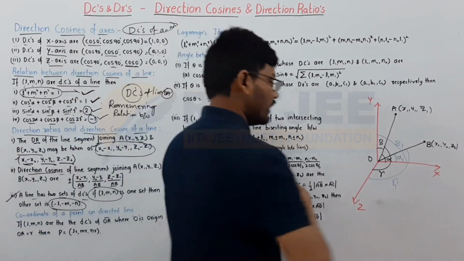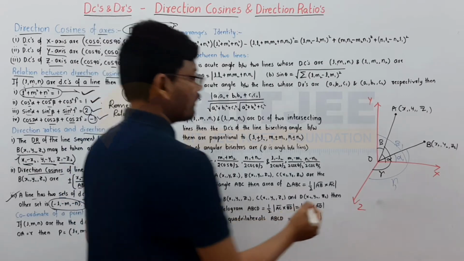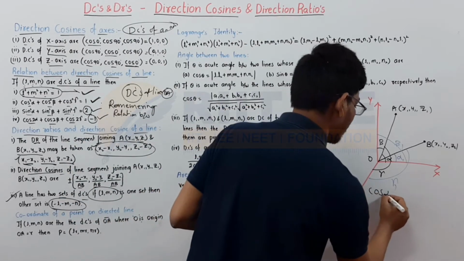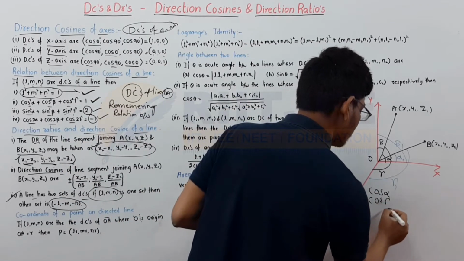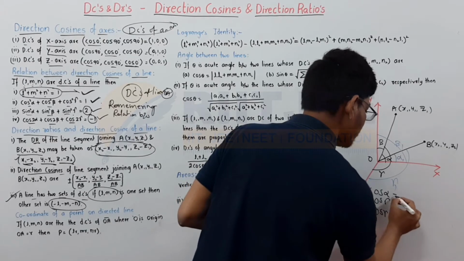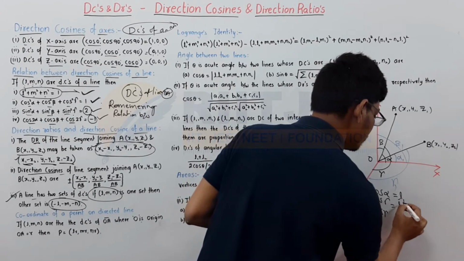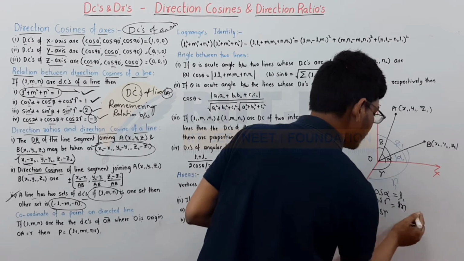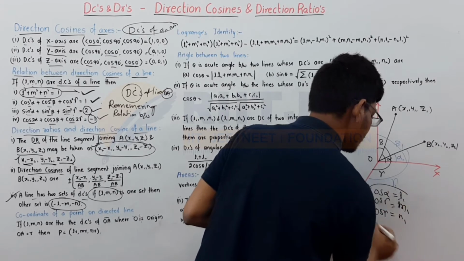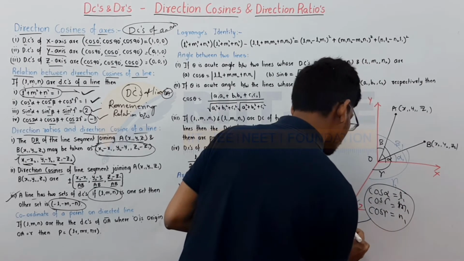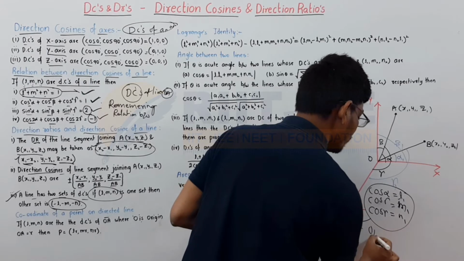So cos alpha, cos beta, cos gamma is equal to L1, M1, N1. These are the DCs of OA.